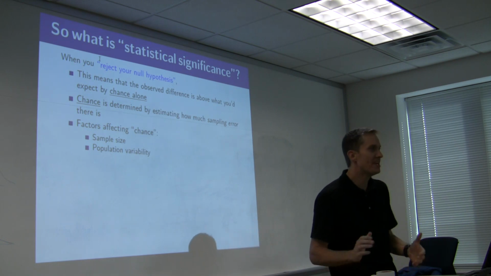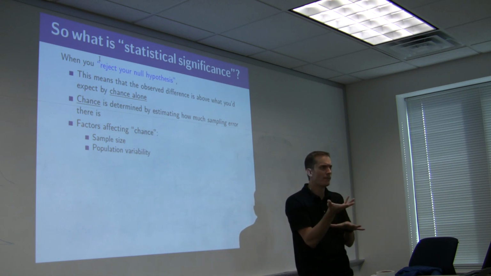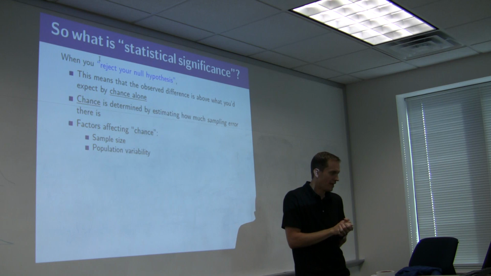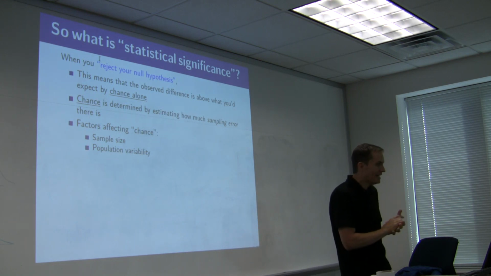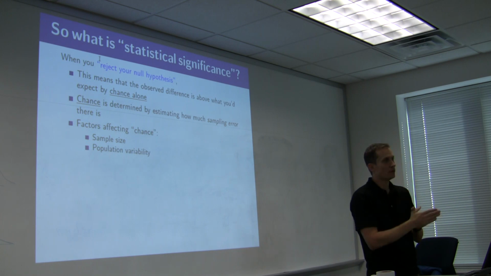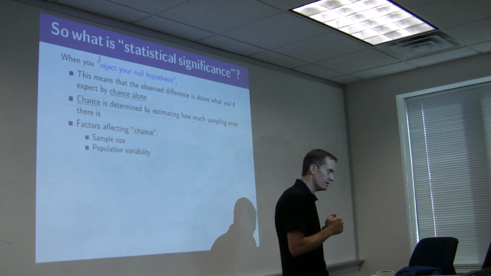Remember, beyond that sort of noise threshold, the 4% that we saw in the memory example, is that real or is that just sampling error? What do we mean by chance? What we mean by chance is sampling error. It's that notion of how big the sampling distribution is.